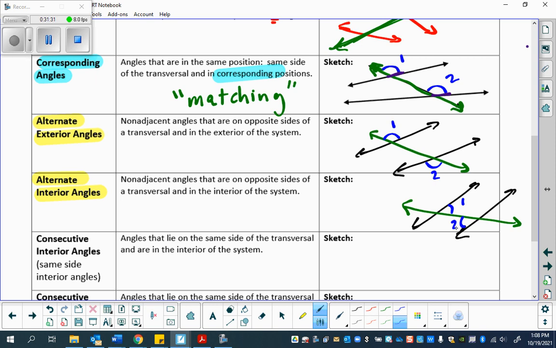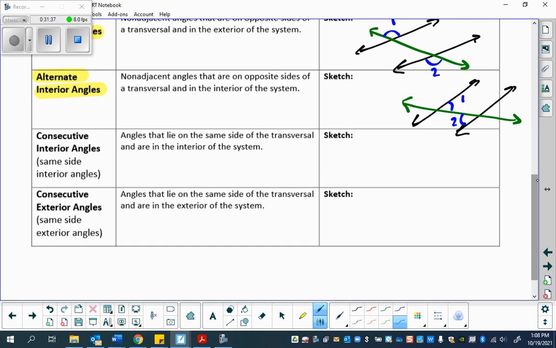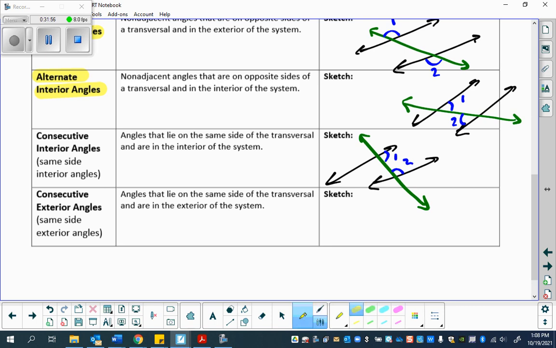What? Again, mathematicians are lacking creativity. So when I draw my parallel lines, no, just any old lines, and my transversal, our next side tells us exactly where they are. Same side, interior angles. Those are going to be angles that are on the same side and interior.